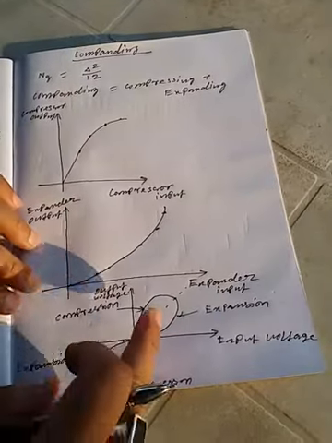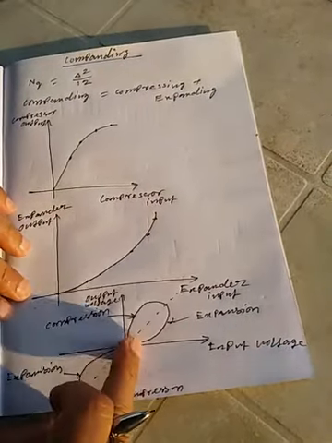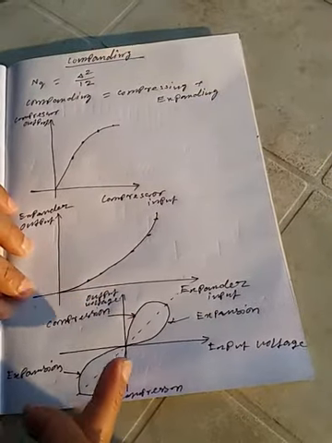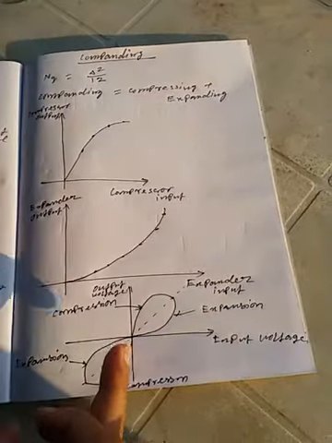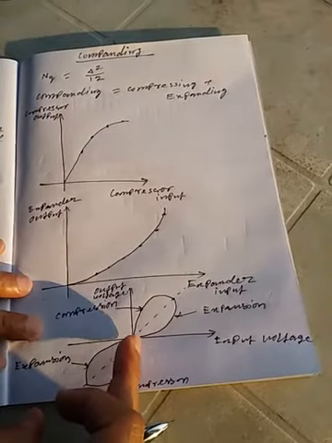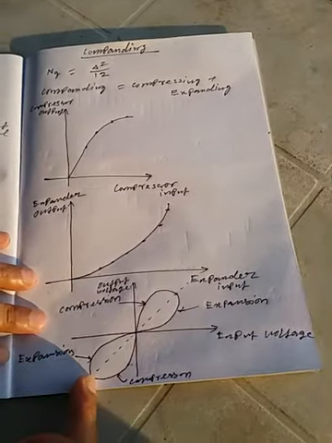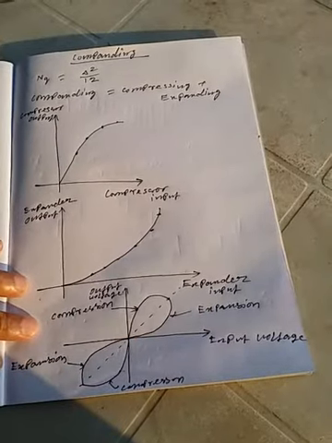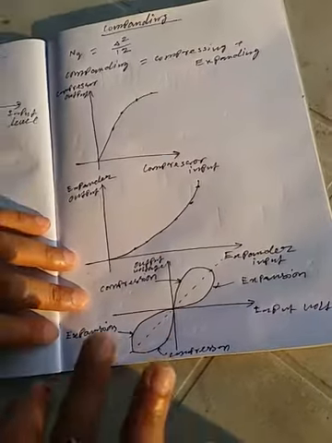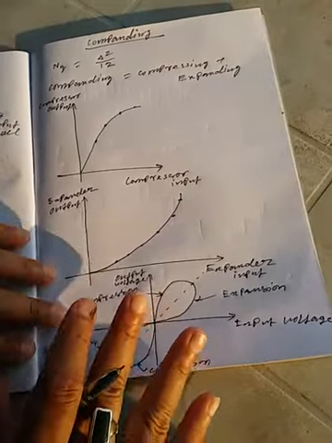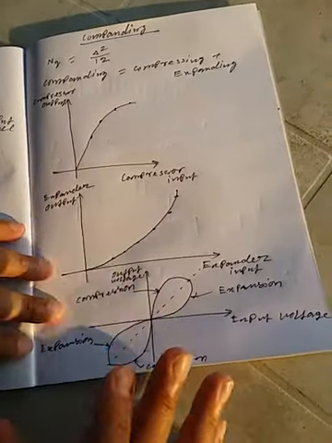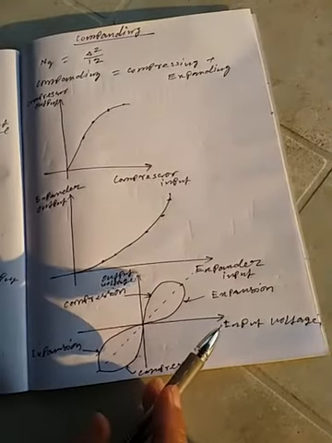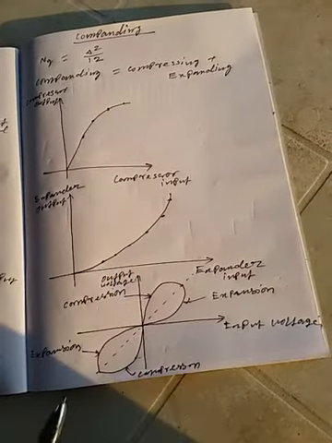Okay, so here also the compressor characteristics is this and the expander characteristics is this, but when the value of x-axis is negative, then the expander characteristics is here and the compressor characteristics will be here. Okay, this is basically the compounder characteristics, which consists of compressor characteristics and expander characteristics, right?